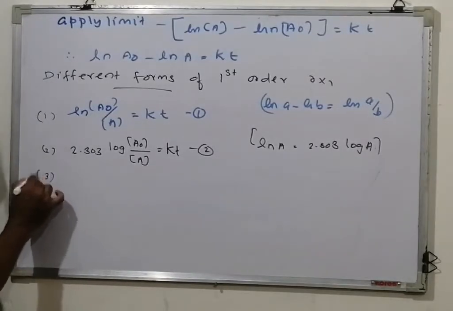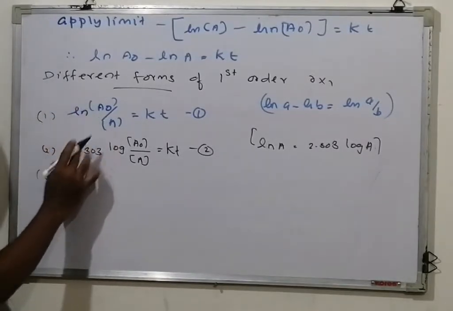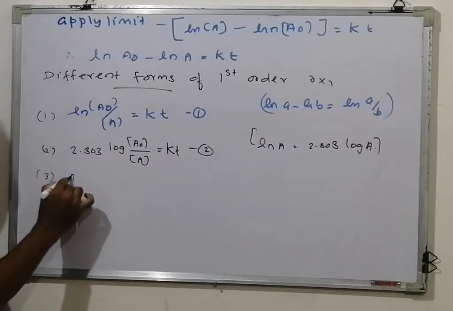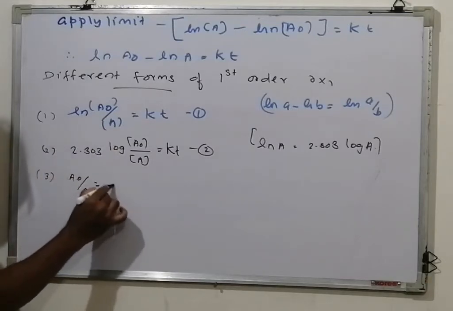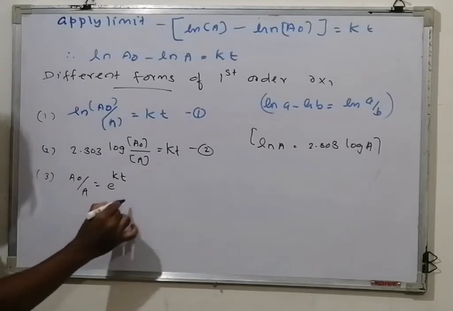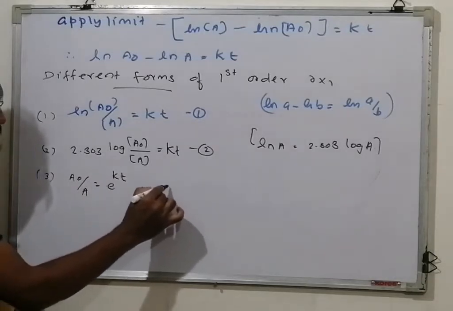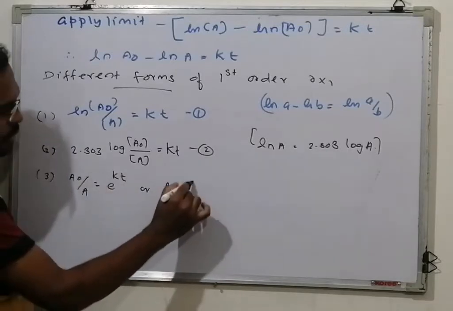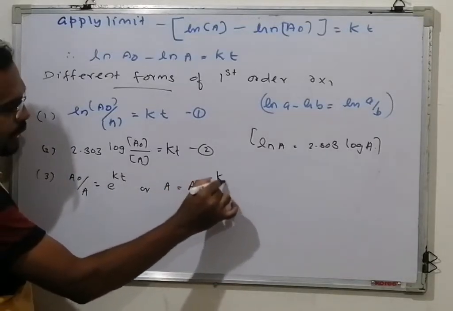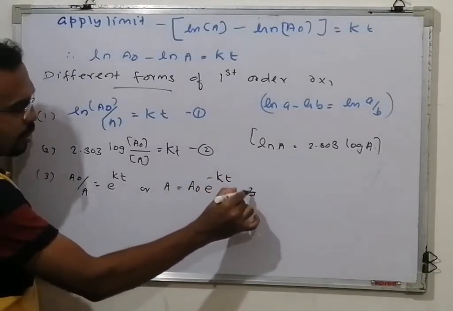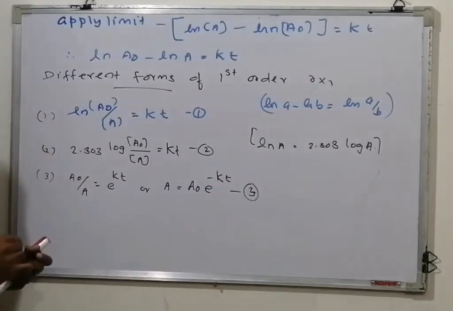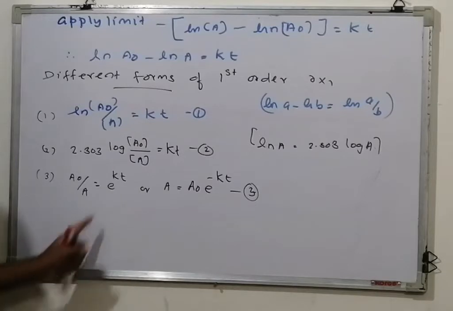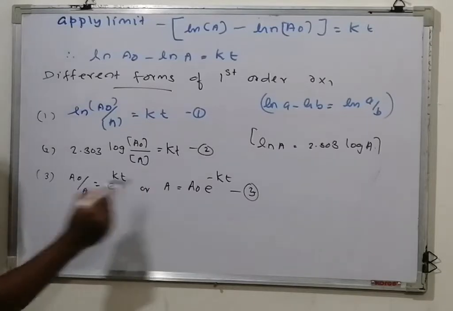Now third, I just rearrange this. A0 by A is equal to e raised to kt, or put the A here: A is equal to A0 e raised to minus kt. You have equation number 3. This is also a first order equation.